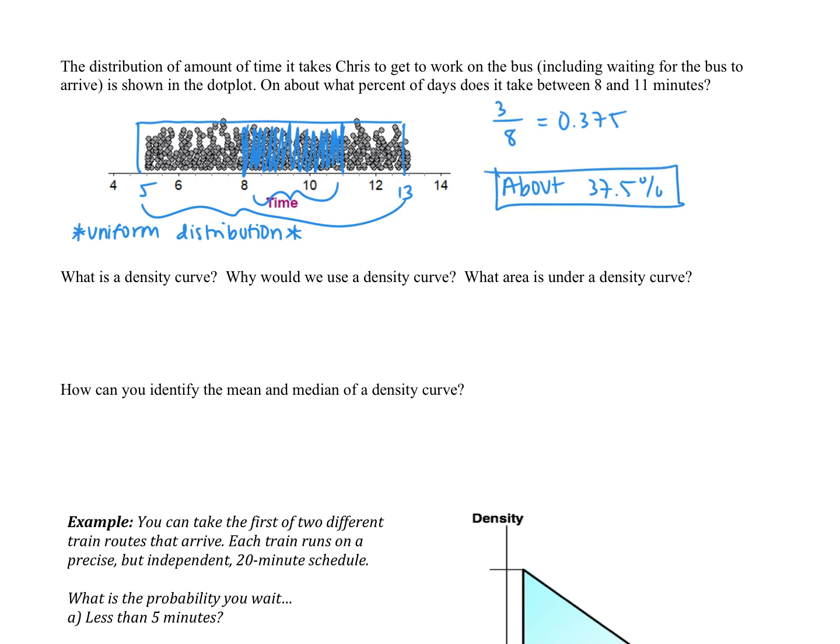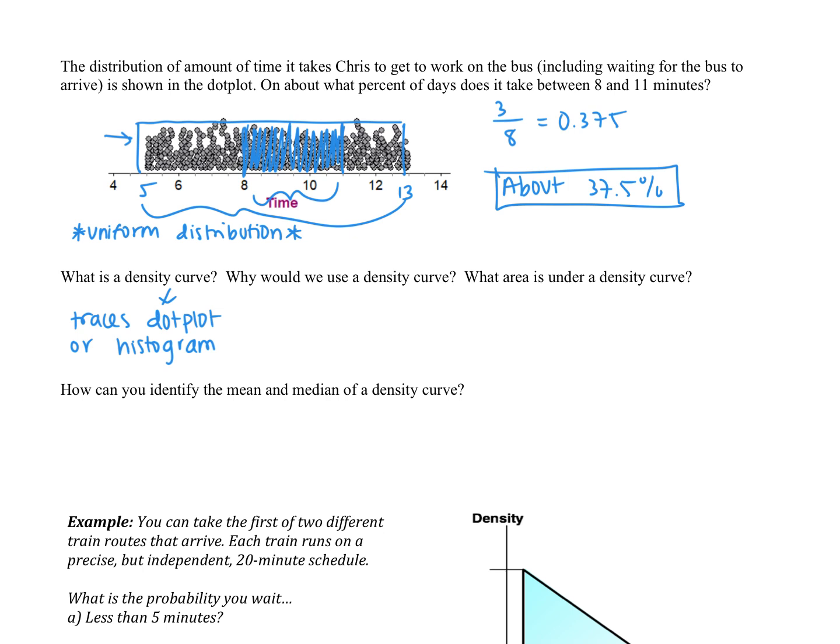So what we have above, what we drew in blue, is called a density curve. So a density curve traces a dot plot or a histogram. So our blue uniform distribution that we drew in wasn't perfect, but it generally contained all of those points.